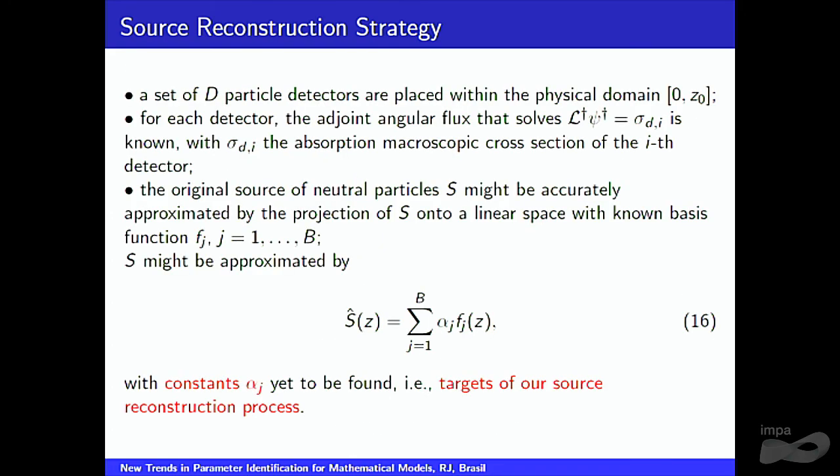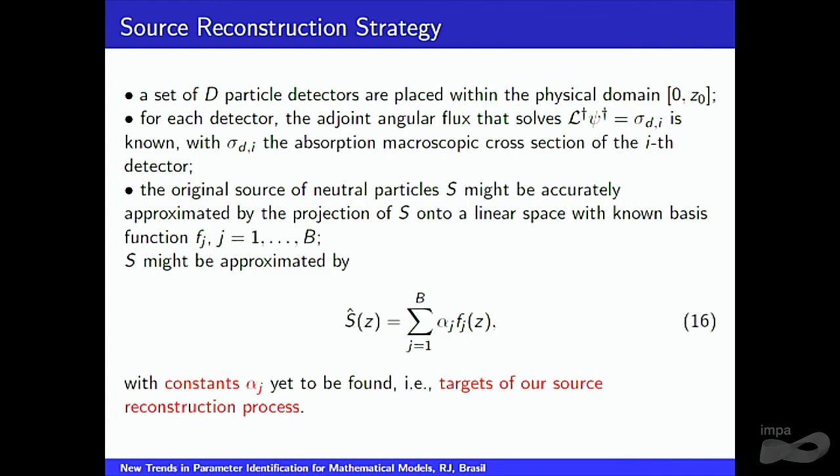So how are we going to use this kind of result in the source reconstruction strategy? We consider a set of particle detectors in our physical domain, which is that slab. For each detector, we solve this problem where the source term for the adjoint flux is the absorption coefficient of the detector.